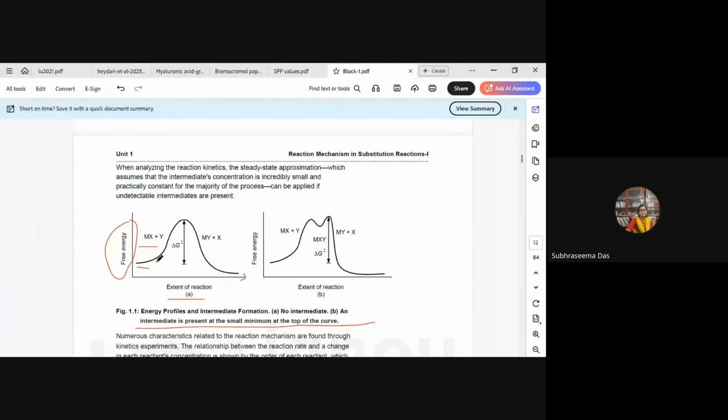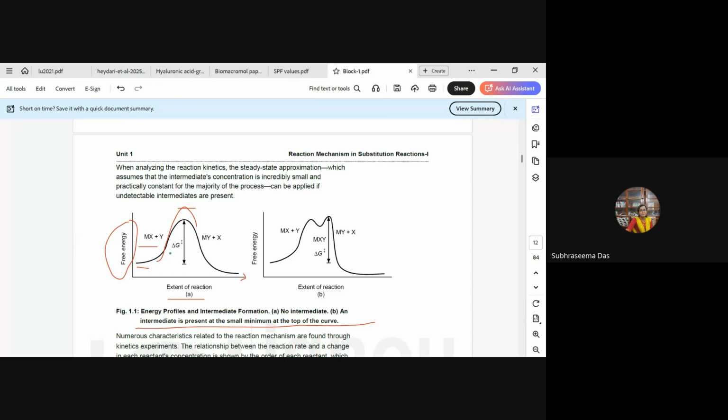When they react, the intermediate state is higher and reaches a value, particularly this value that we call the threshold energy. Then it gradually comes down to form the product, the substitution reaction occurs, and the product has been formed as MY plus X.